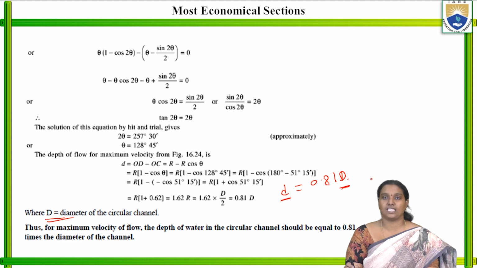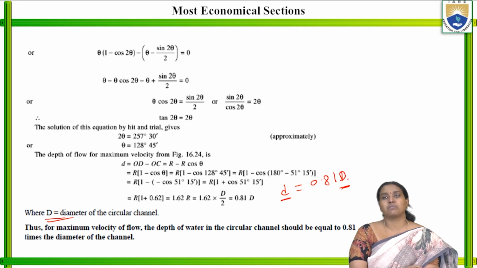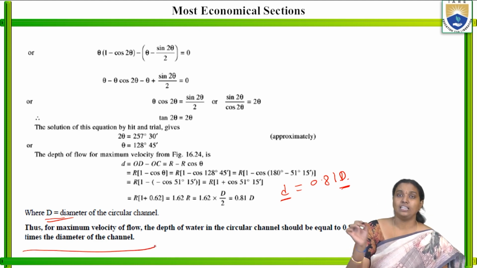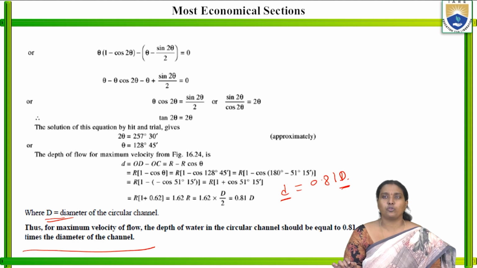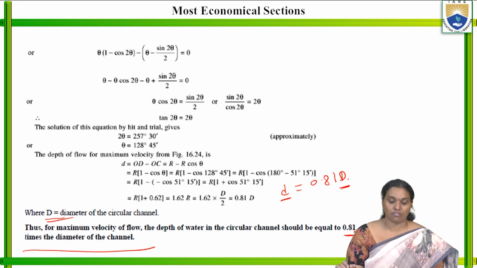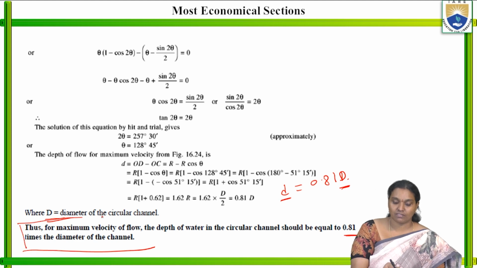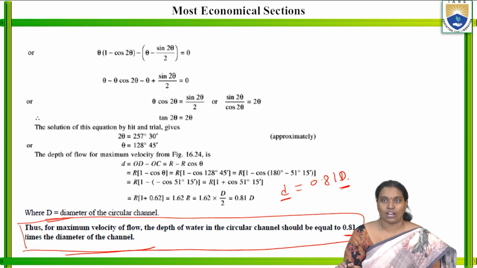Based on the maximum velocity of flow, the depth of water in the circular channel should be equal to 0.81 times the diameter of the channel. So from all the calculations, we get this final condition for the circular channel based on the velocity.